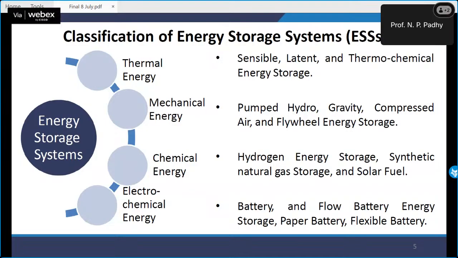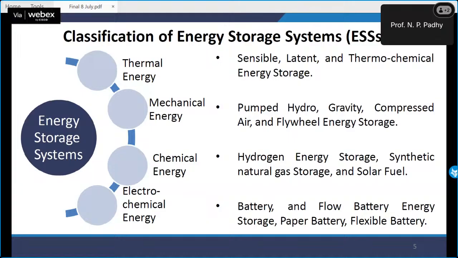Okay. So if you move to the classification of energy storage systems, there are multiple categories. The energy storage devices of thermal type are sensible, latent, and thermochemical energy storage devices. Then we have one more category, which is mechanical energy.